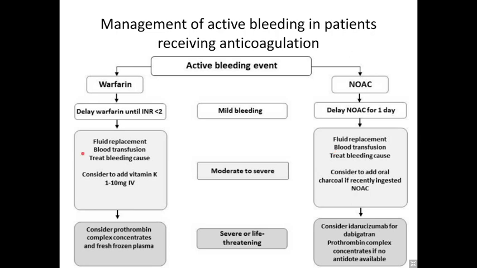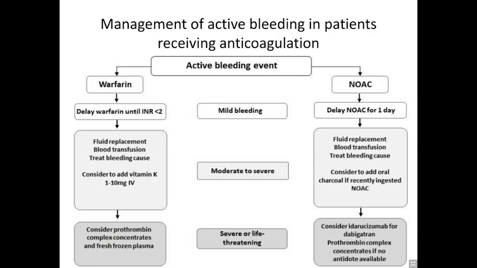And if the patient takes warfarin, we know about the antagonist of warfarin, vitamin K, 1 to 10 mg intravenously we recommend. And if your patient has severe or life-threatening bleeding, if the patient took warfarin, consider prothrombin complex concentrate or fresh frozen plasma.